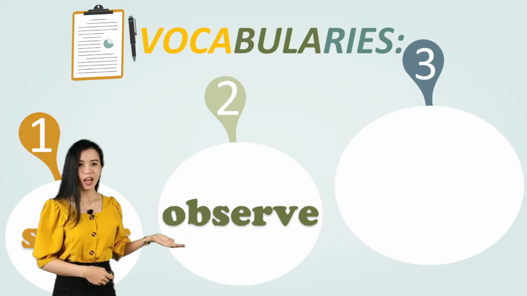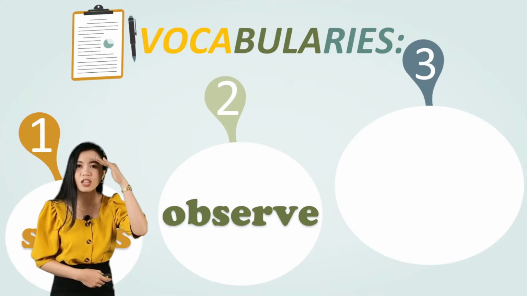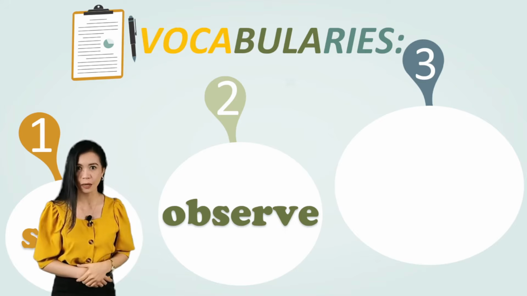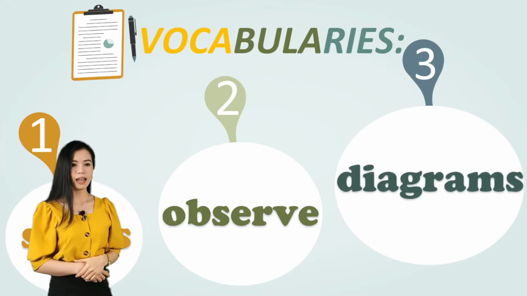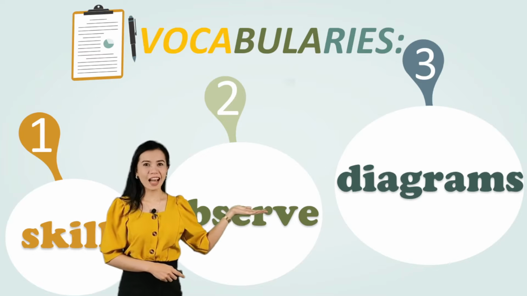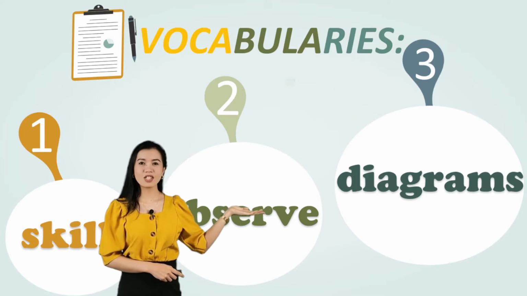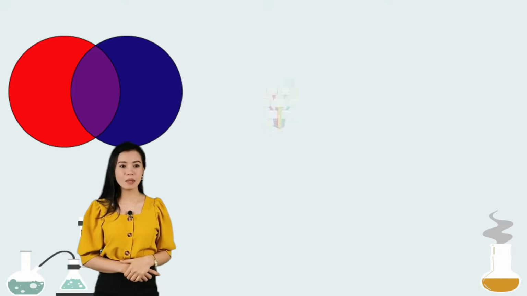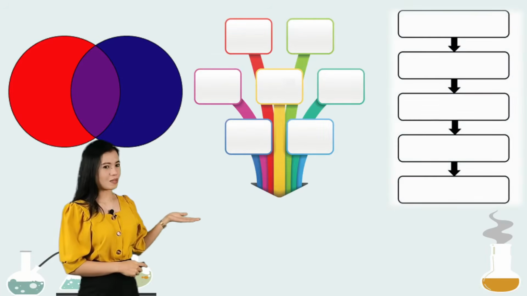Observe is to watch carefully. And the third one is diagrams. Diagrams are drawings that show arrangement and relations. So these are examples of diagrams.